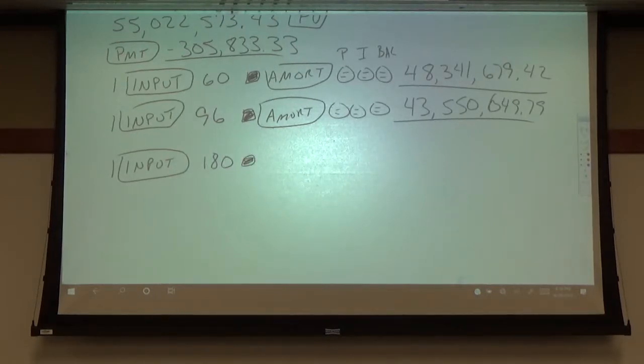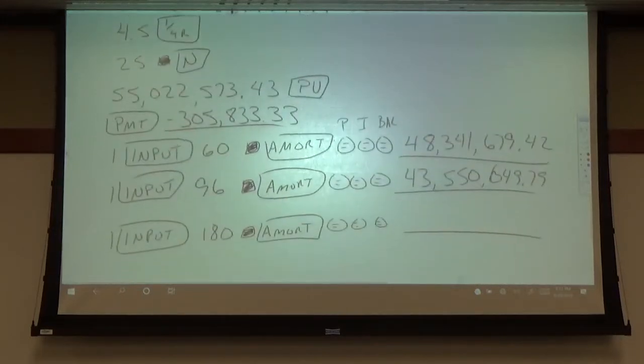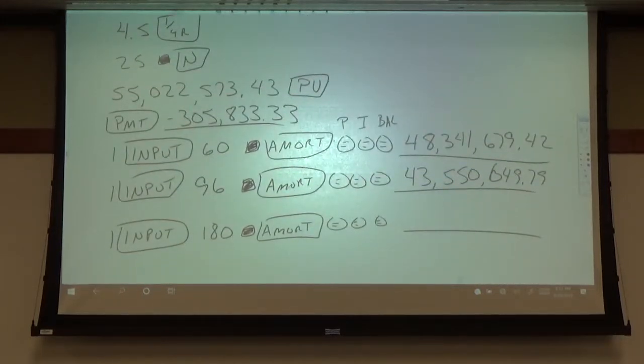So after 15 years, or 180 months, one input, 180, shift, amortize, equal.